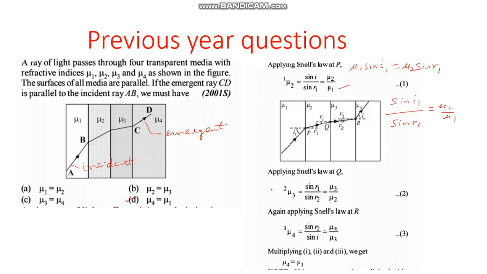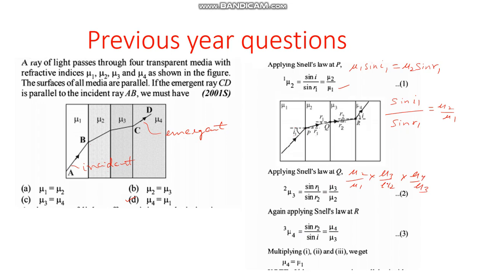Similarly, the refractive index of 3 with respect to 2 will be mu3 by mu2, going by the same logic, and this will be mu4 by mu3, the refractive index of 4 with respect to 3. You multiply 1, 2 and 3, and a chain type of situation happens: mu2 by mu1, then mu3 by mu2, and then mu4 by mu3.